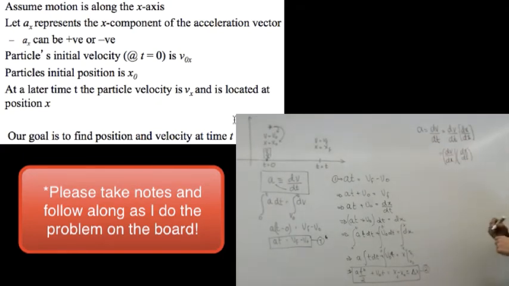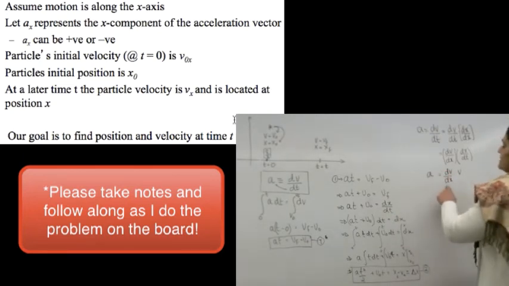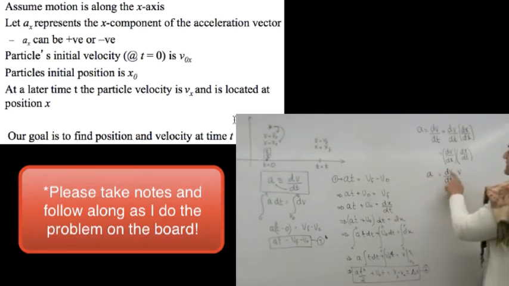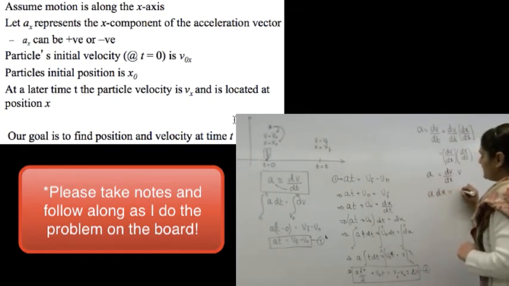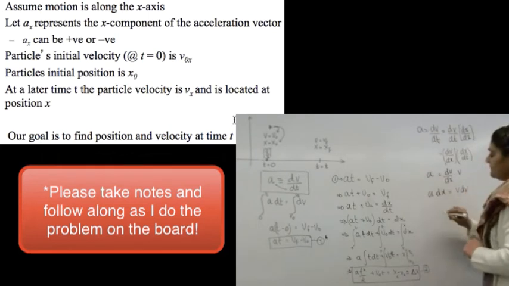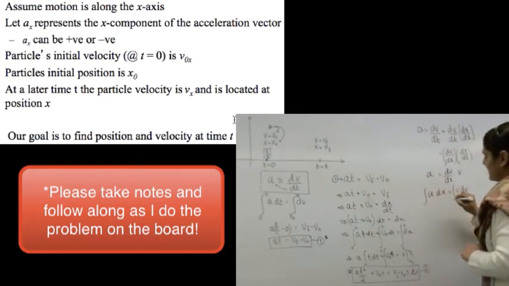Take a second to think about it if it doesn't make sense. And this dx over dt can also be written as v. So this is going to be a dx equals v dv. So rearranging this one again, a dx will become v dv, which I can integrate and integrate.